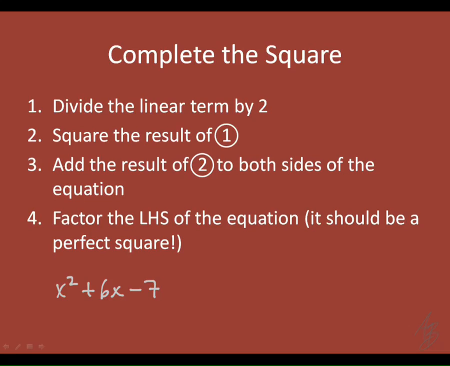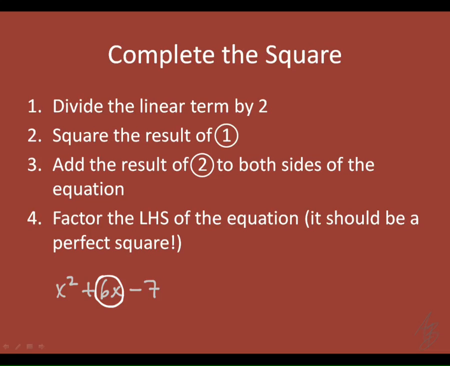That's called the linear term right here because if you were going to graph it, it would make a line. Okay? So if you graph the function or the equation y equals 6x, it would make a straight line. So that's the linear term because it makes a line.